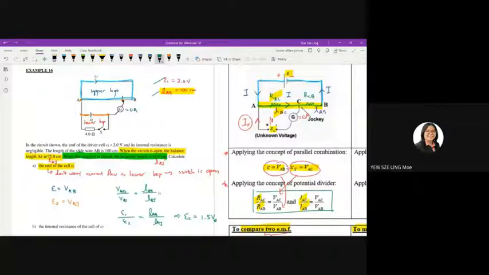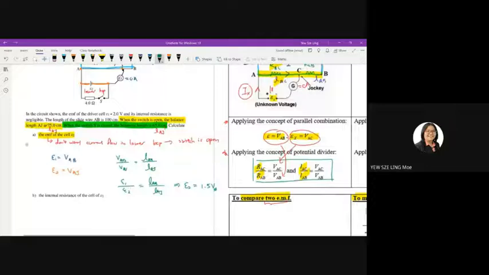That is how you solve this type of question. Your first step is to determine the value of EMF2 before you determine the internal resistance. Now let's look at part B, which is asking for internal resistance.